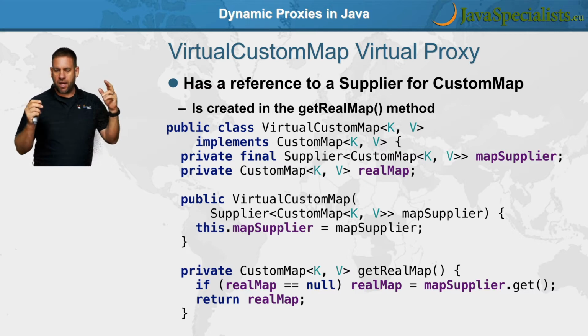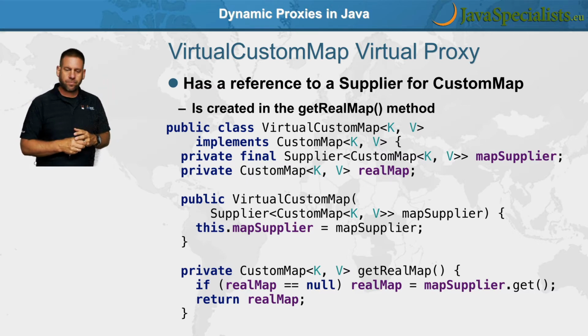I don't pass in a real map. I have a real map field, and the real map field is set inside the getRealMap method. And the getRealMap method is a private method that, if the real map is set to null, creates it on demand the first time you call it.